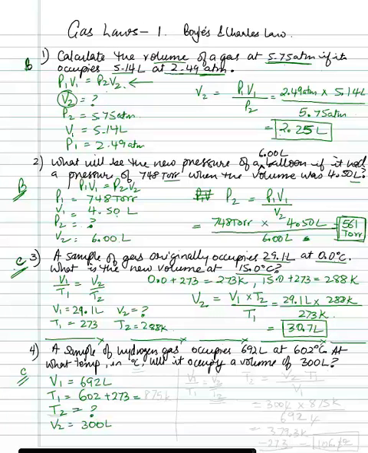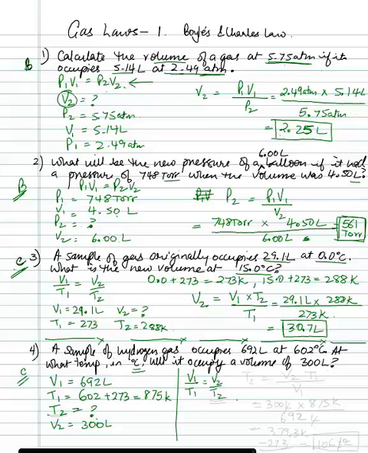Temperature is being asked, and we need to calculate that in degrees Celsius once we finish the calculation. So now our temperature T1 here is 875 Kelvin. Then our equation, V1 over T1 is equal to V2 over T2.